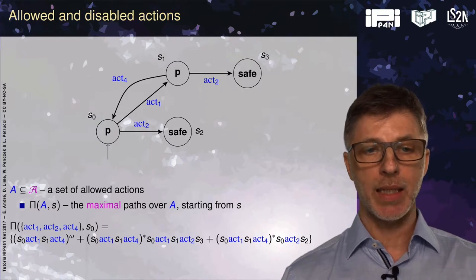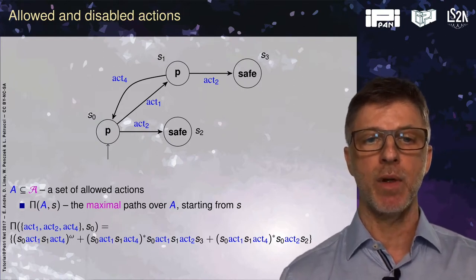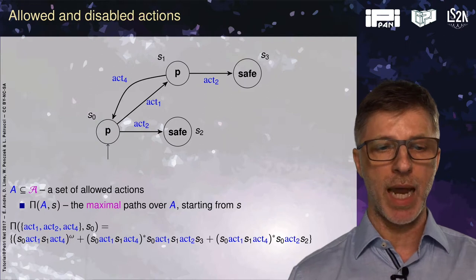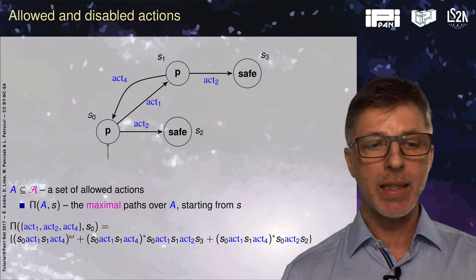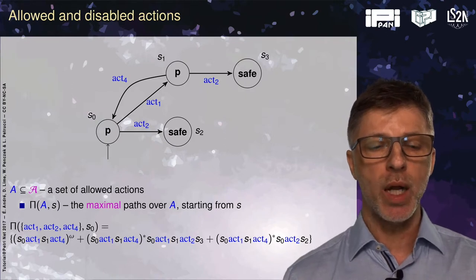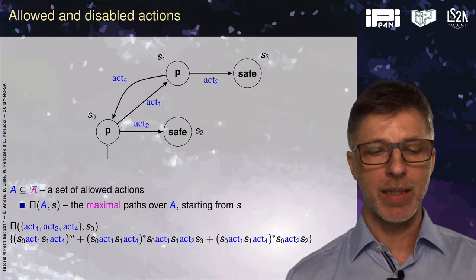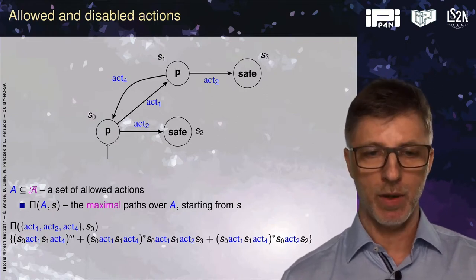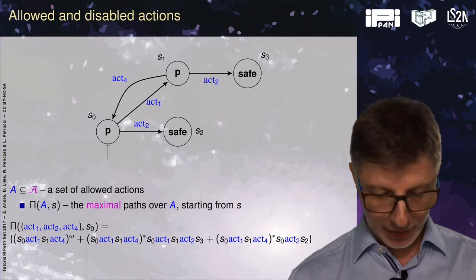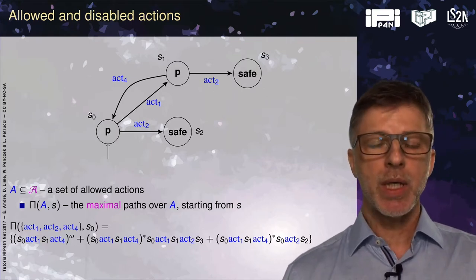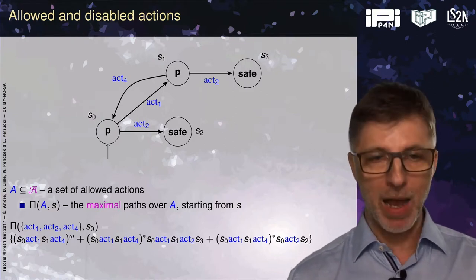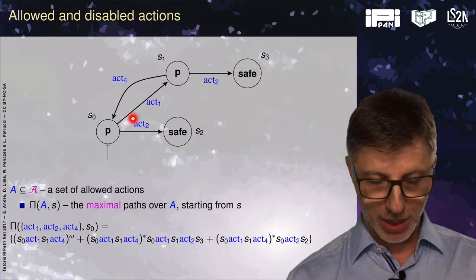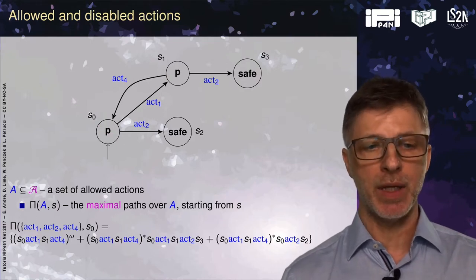So let's take as a subset of all the actions only 3 actions: Act 1, Act 2, and Act 4, and let's look at which maximal paths are in the set of all the maximal paths starting from S0. As you can see, there is only one infinite path, and this is the path which loops here an infinite number of times.